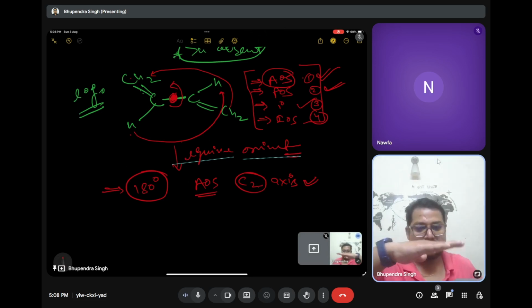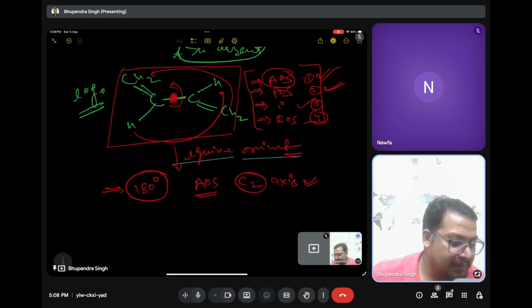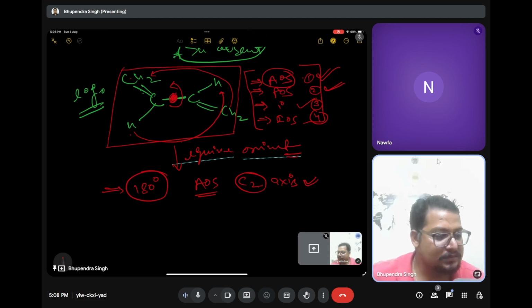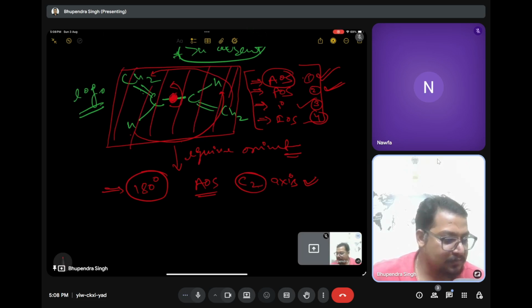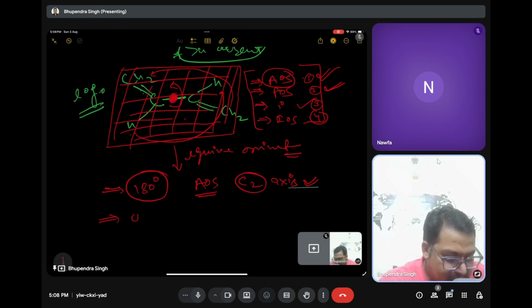This is sigma h, a plane perpendicular to this C2 axis, in which all the atoms of the molecule are present. So sigma h is also present, means plane of symmetry is also present.